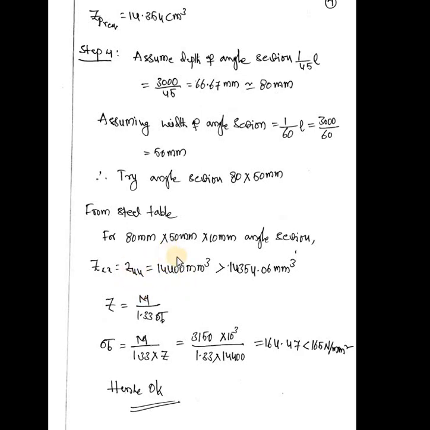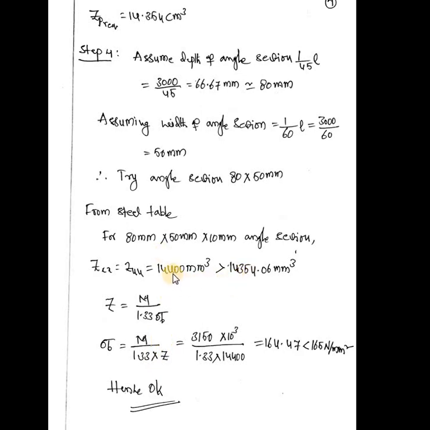Now our next requirement is the calculation of sigma b. After calculating sigma b, this value should be less than the permissible value. Sigma b is equal to M by 1.33 times Z. Now sigma b is equal to 3150 into 10 power 3 by 1.33 into 14,400 in terms of mm cube.